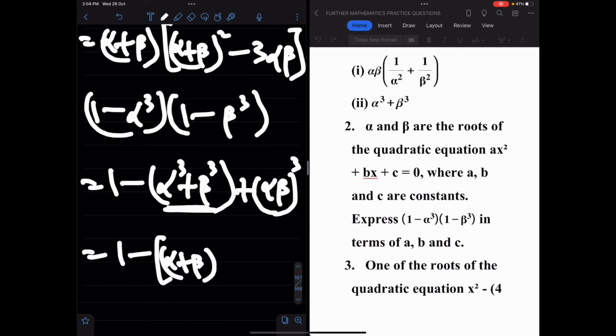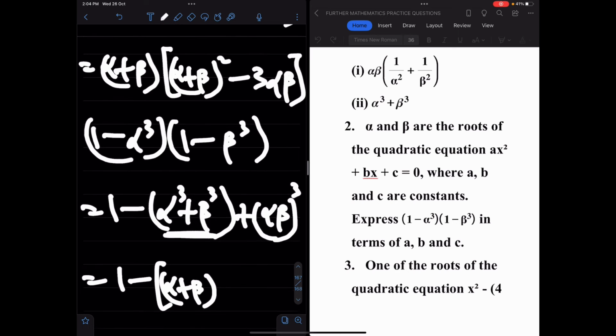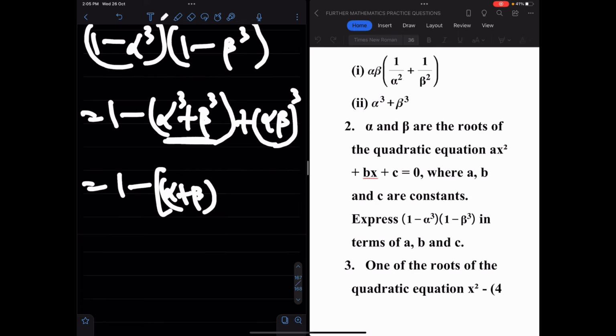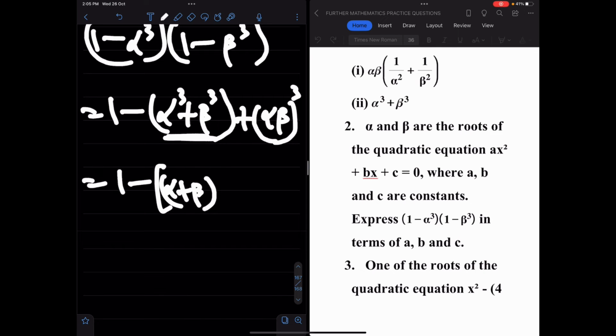Times, okay, alpha plus beta, yes, times alpha plus beta all squared minus 3 alpha beta. What kind of bracket am I going to use here? I think I should use the curly bracket here.